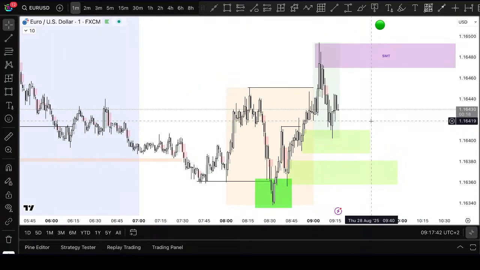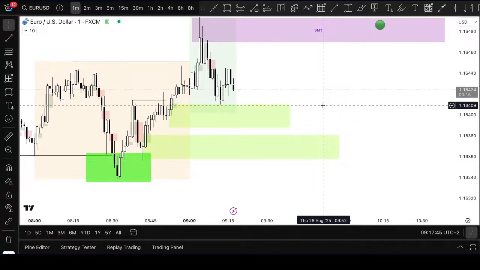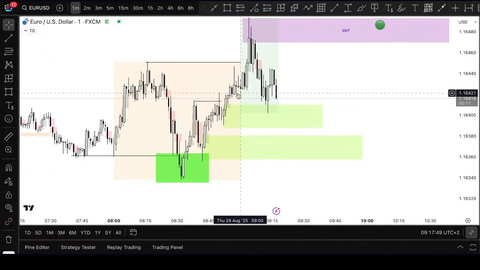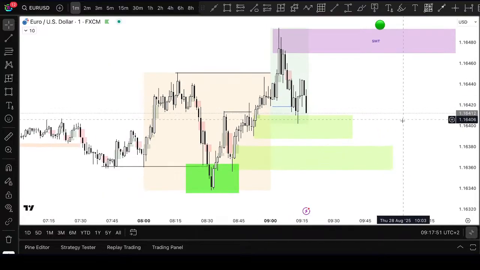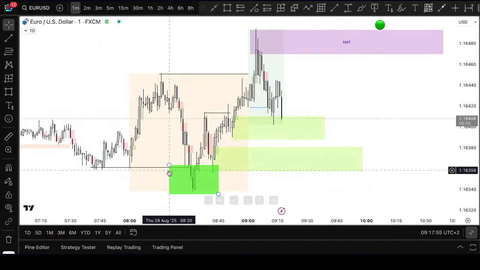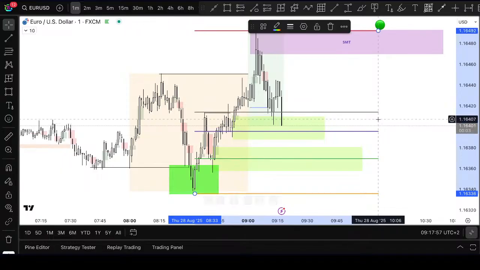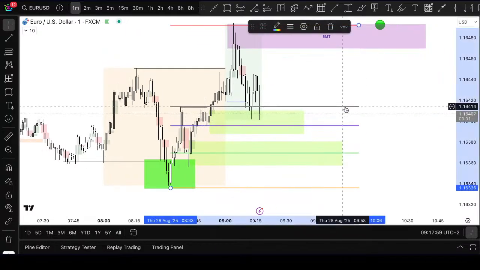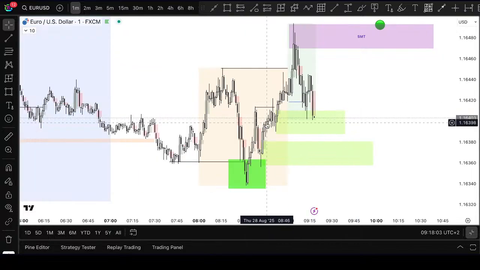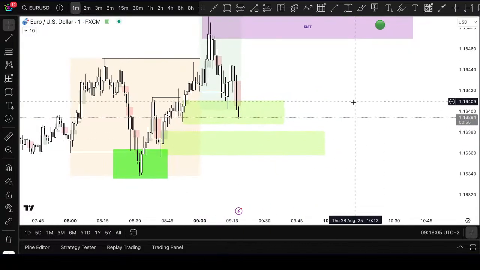Now in the euro US dollar, whether it should go long or short is the problem. We can go long here, but it just clearly took the liquidity down here, went down, and the best idea we can do is look for buy in this section when the price crosses 50. Yes, come on, beautiful.